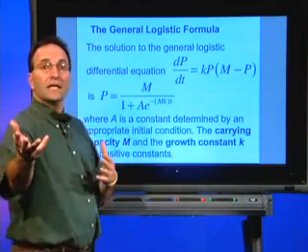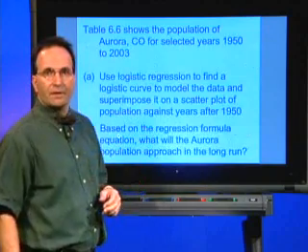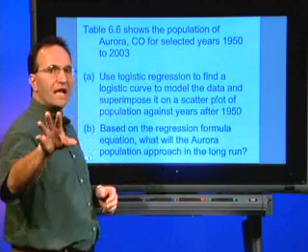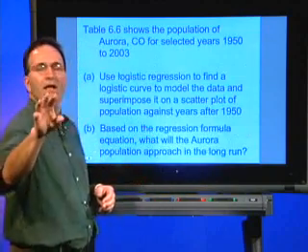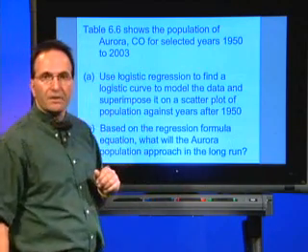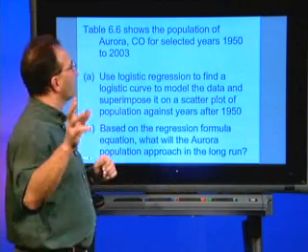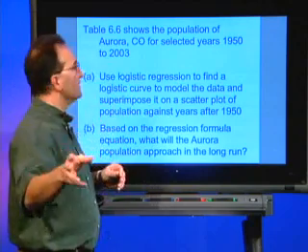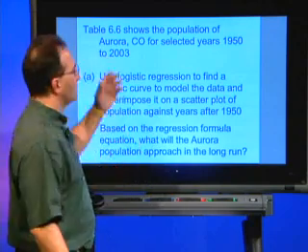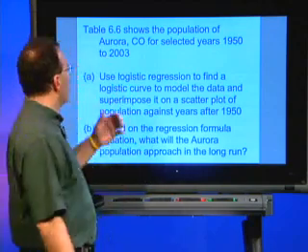So let's look at an example where we can apply this formula. We're going to look at a table in a moment, but the table is going to show us the population of Aurora, Colorado for the selected years 1950 to 2003.